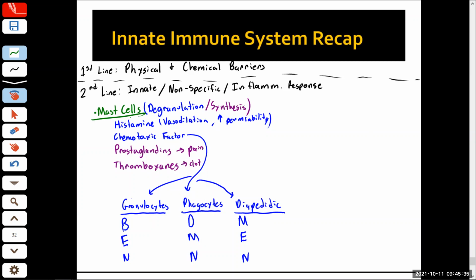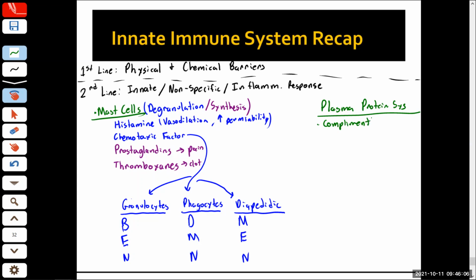Now, inflammation is two parts. One part cellular, which we just drew here. Second part is chemical. What was the chemical or protein component to inflammation? We have our plasma protein systems. 3 of them. First up was the complement.